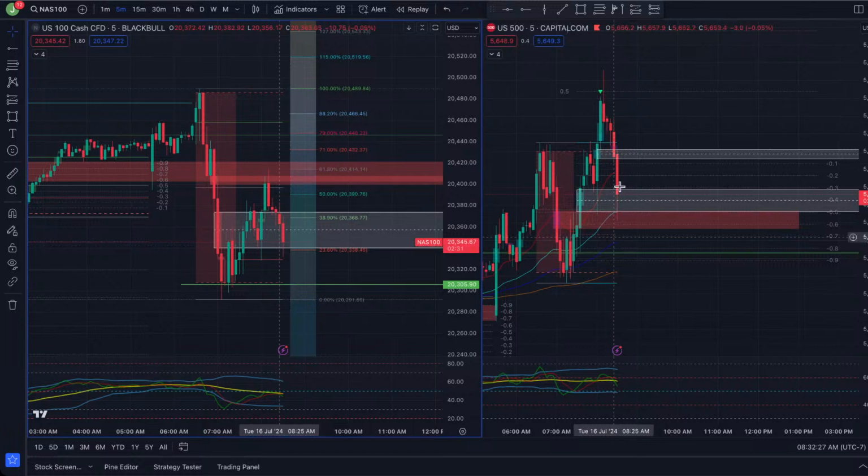And let's see if this thing pushes back up. 1 minute, 57 seconds left. US 500 pulling back up over the consequent encroachment of the fair value gap.